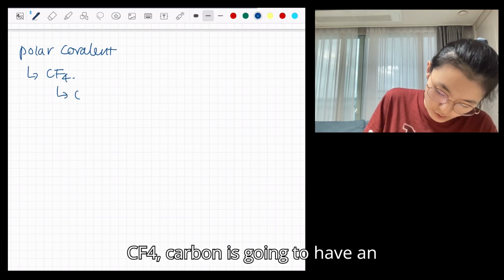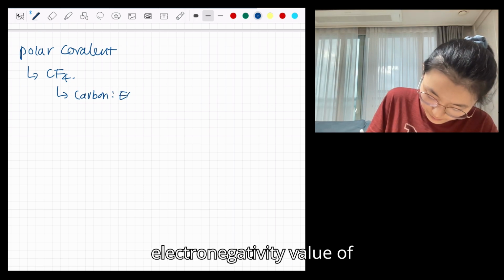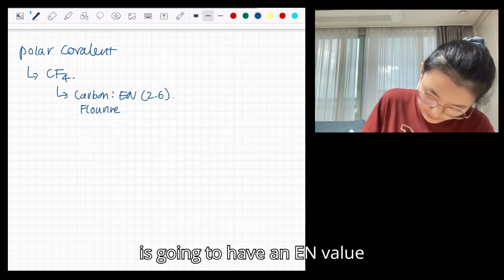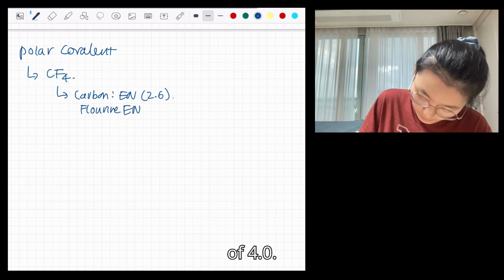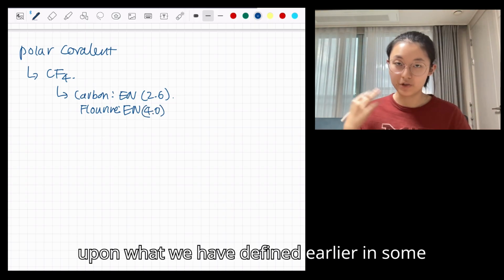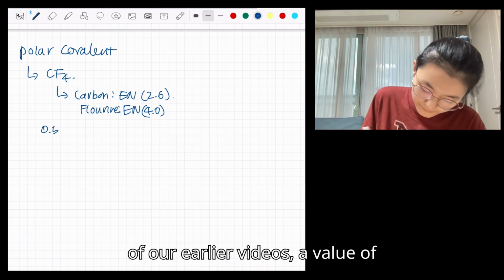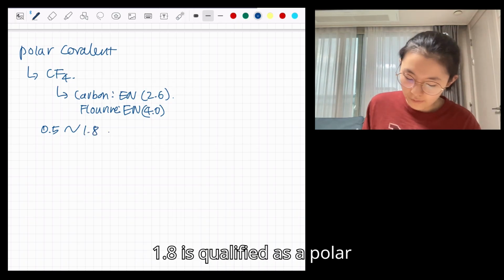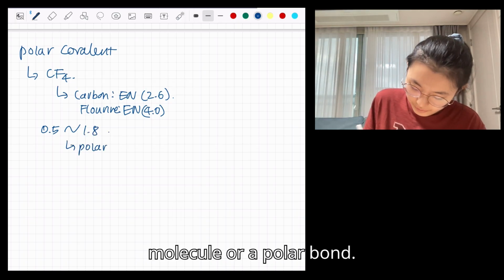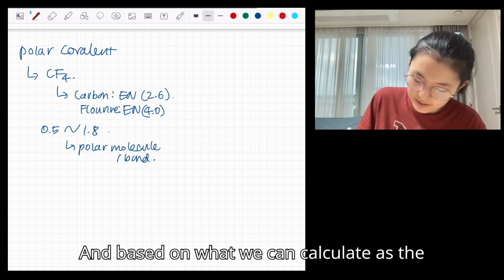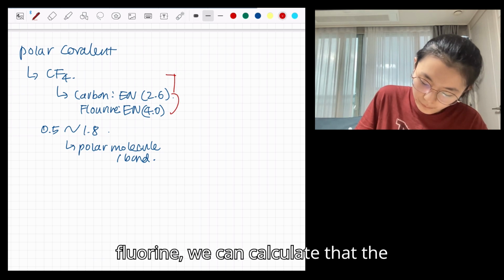Now, in CF4, carbon has an electronegativity value of 2.6, and fluorine has an EN value of 4.0. Based on what we defined in some of our earlier videos, an EN difference between 0.5 and 1.8 qualifies as a polar bond.